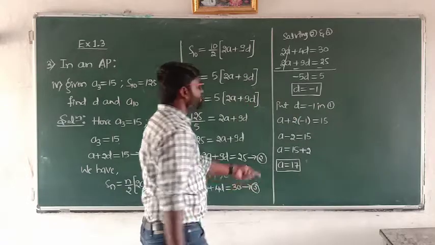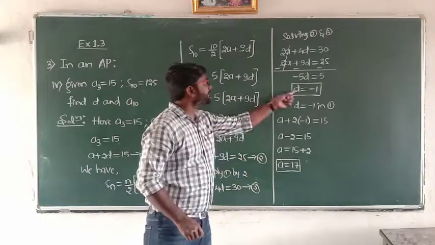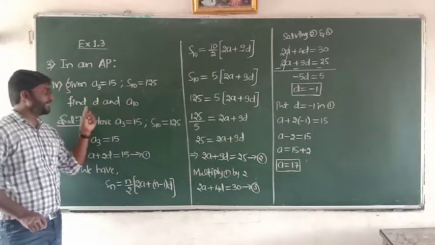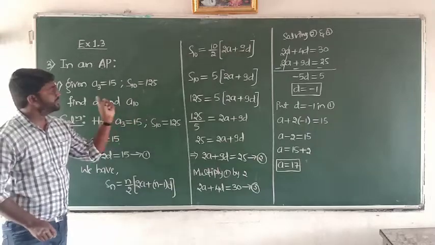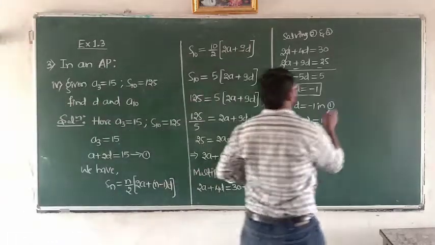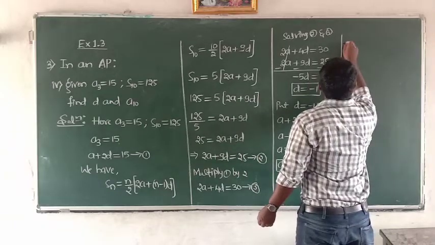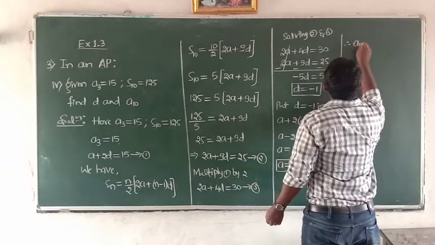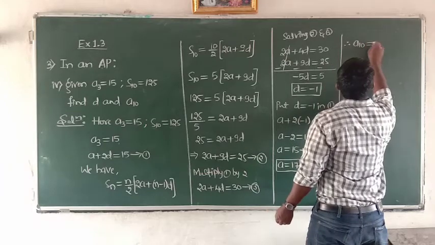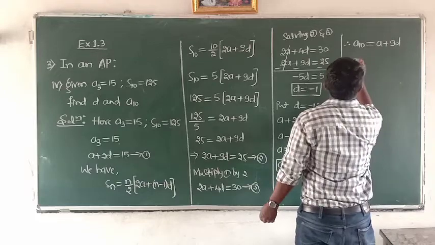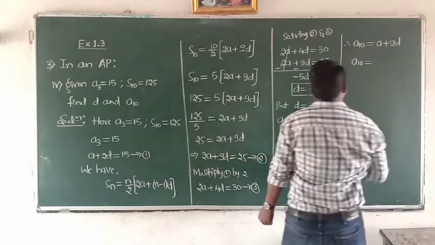Now we have the values of a and d. What do we have to find here? We have to find a10. We have already calculated d here. The value of d is minus 1. Now see here, the 10th term is therefore a10 is equal to a plus 9d. What is a here?